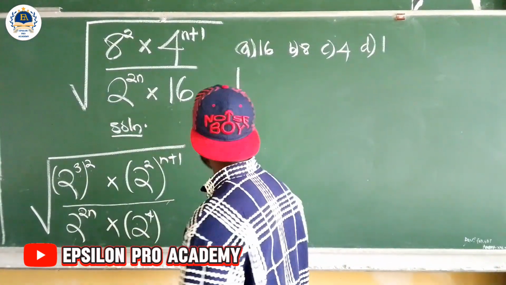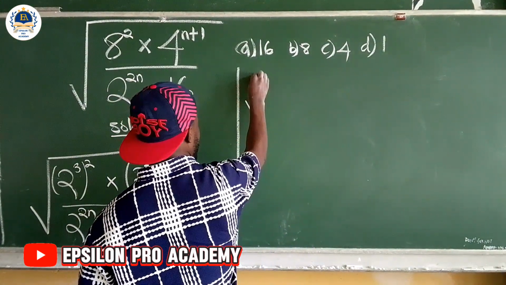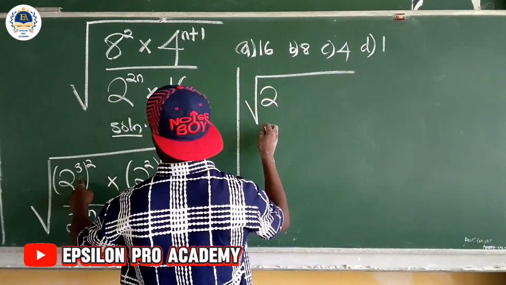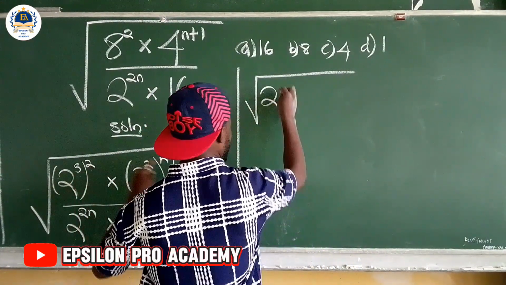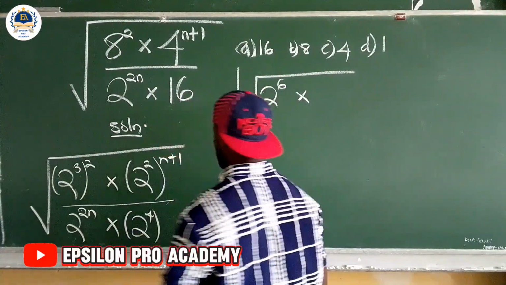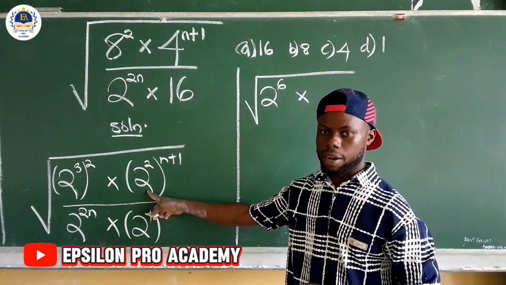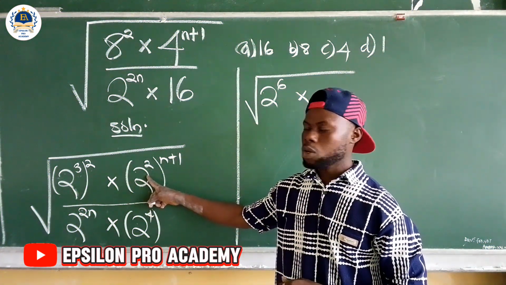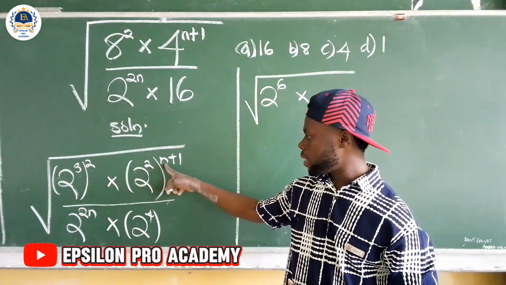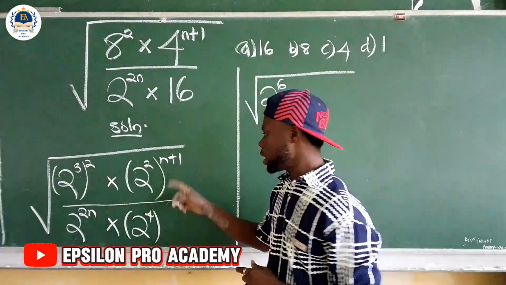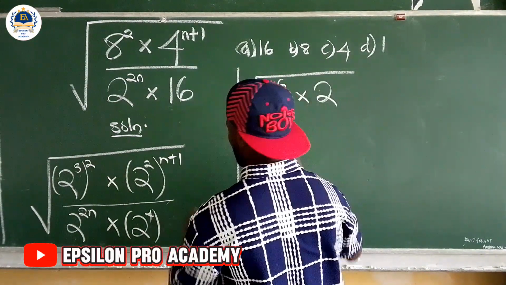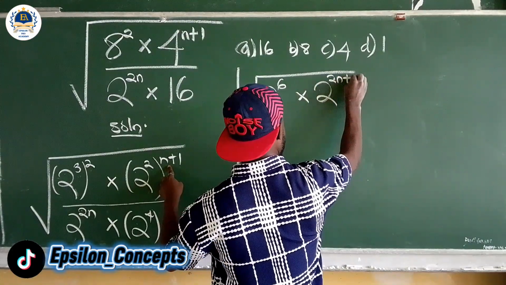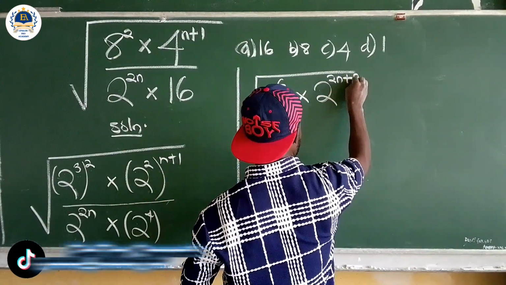So over here we have the square root of 2 raised to the power of 3 times 2 is 6, times, over here, 2 raised to the power of 2. So we are using this 2 to multiply n and 1. So that gives 2 raised to the power of 2 times n is 2n plus 2 times 1 is 2.